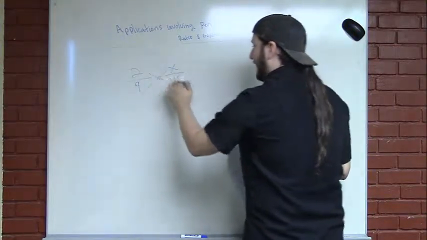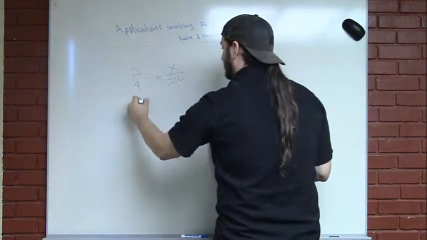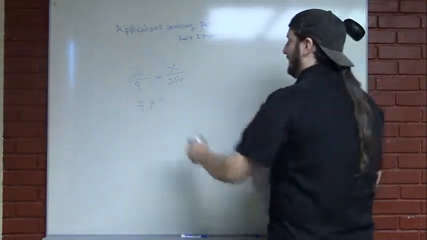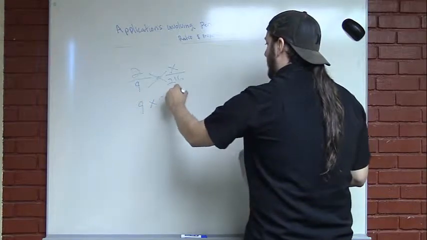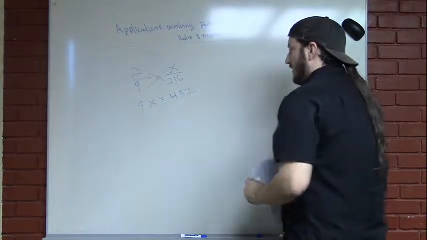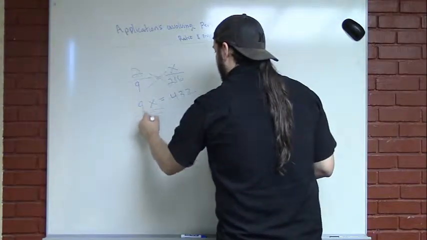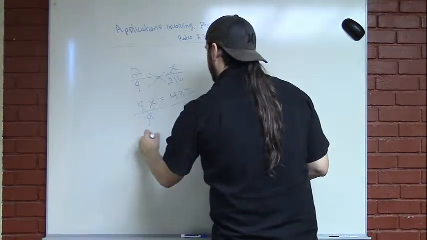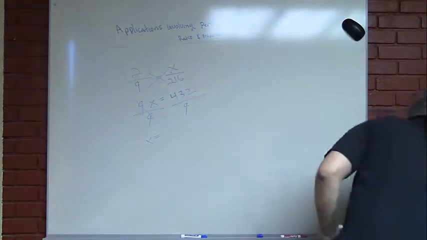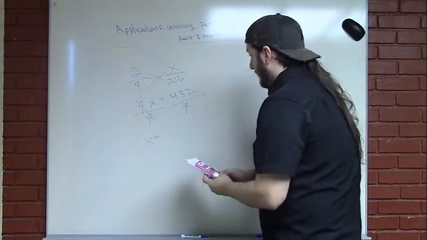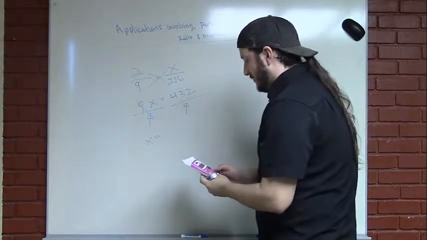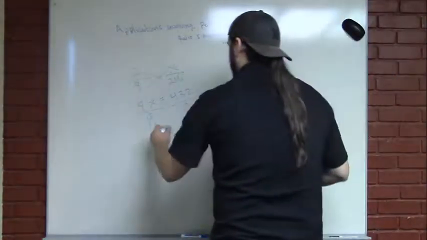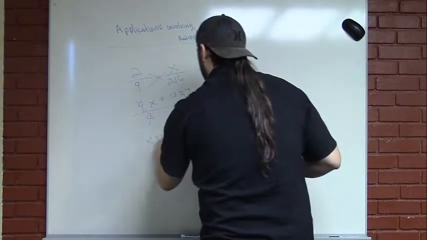So you're going to cross multiply. 9 times x is 9x. 9x is equal to 2 times 216, which should be 432. And then just divide by 9. x is going to equal 432 divided by 9, which is 48.